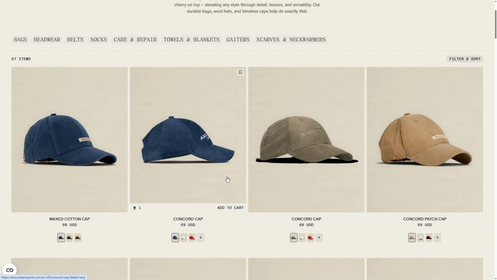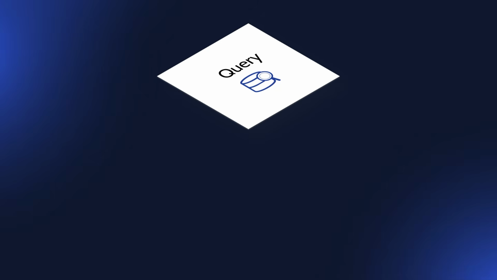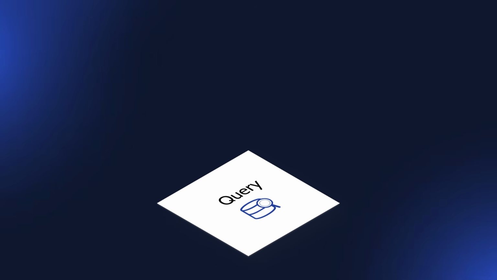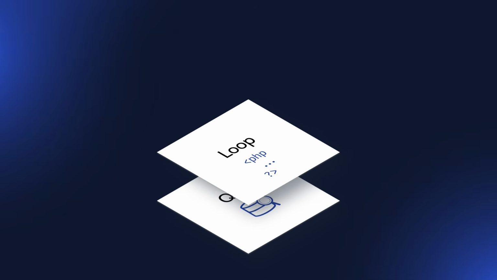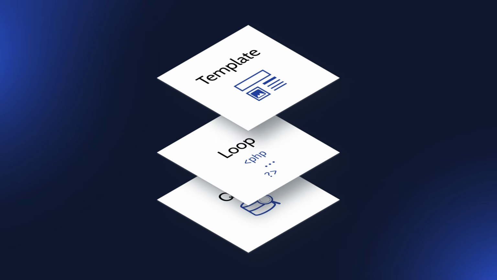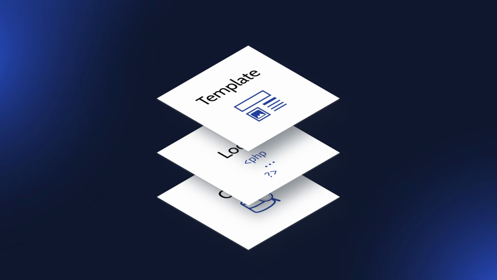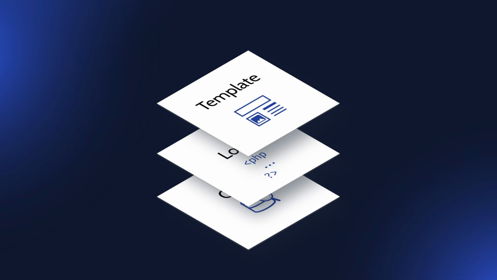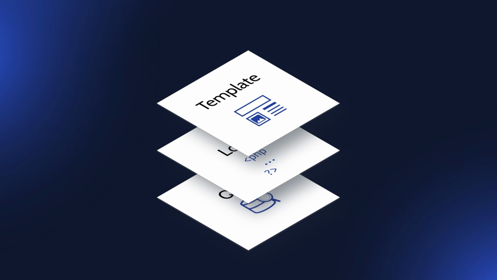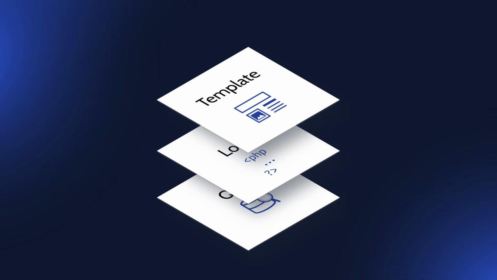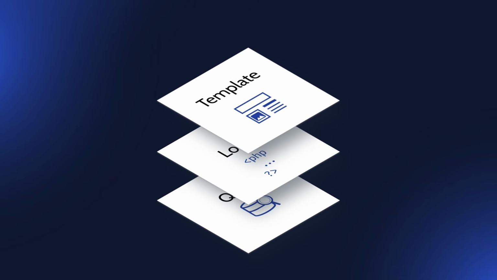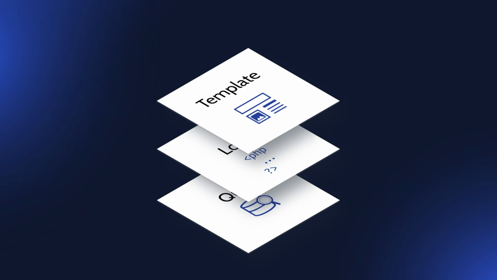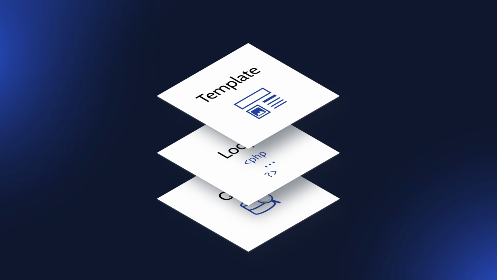So if we break it down, a content loop is made up of 3 main parts. The query prepares a collection of items, the loop structure iterates over that collection, and the template defines how each item is displayed. The loop is inserted into a page, and this page template in its turn defines the background, number of columns, and so on.